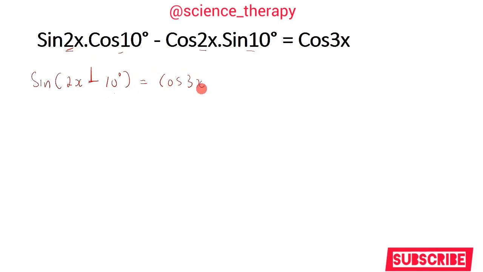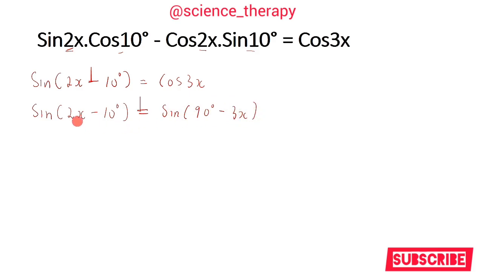So our only chance is changing this one to its cofunction sine. So moving to the next step, we'll have sine of (2x minus 10 degrees) is equal to sine of the cofunction, 90 minus 3x.